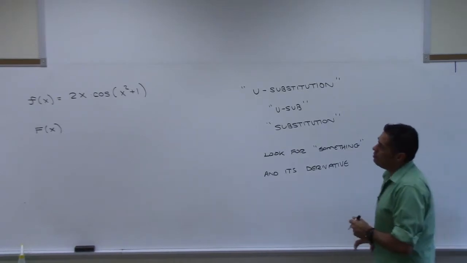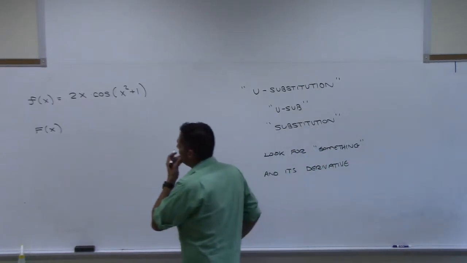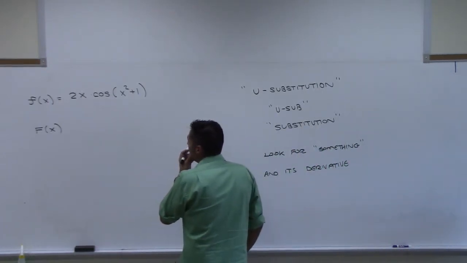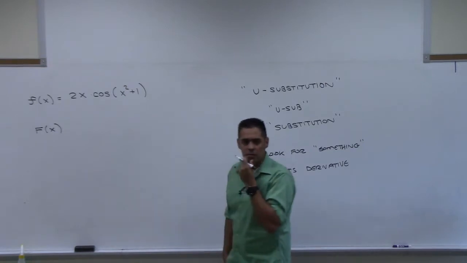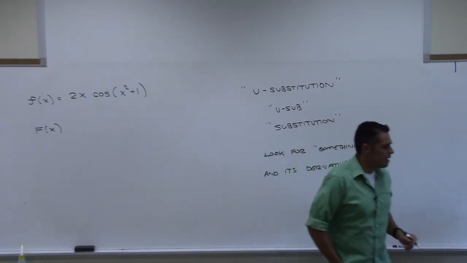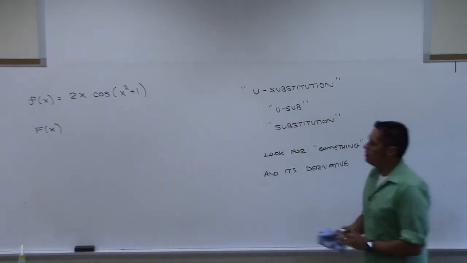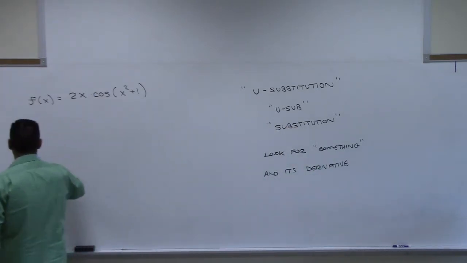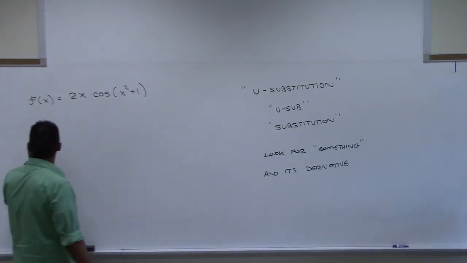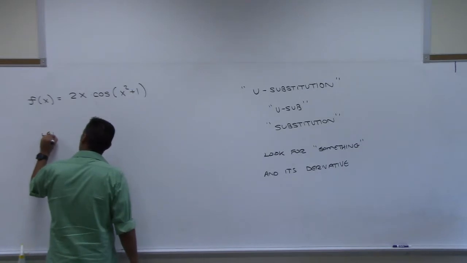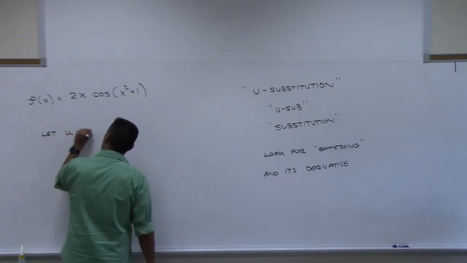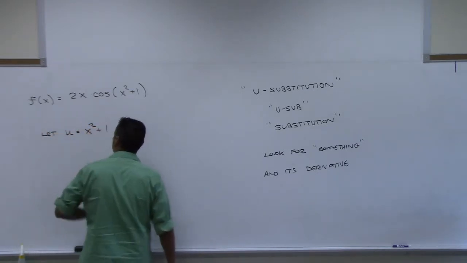All right, so now we are going to make a substitution. I'm not ready for this capital F yet. I'm just going to make a substitution right now. I'm going to say let u be equal to x squared plus 1.